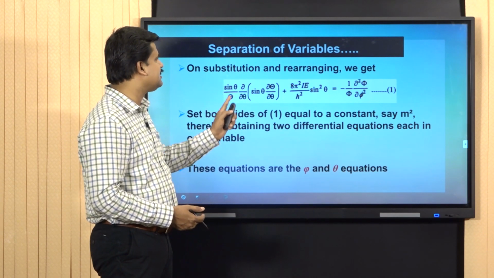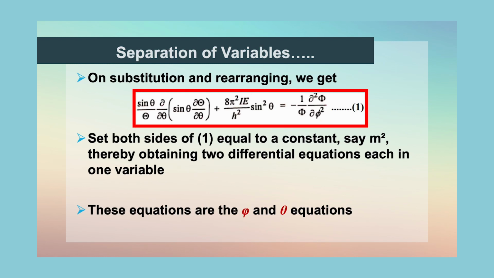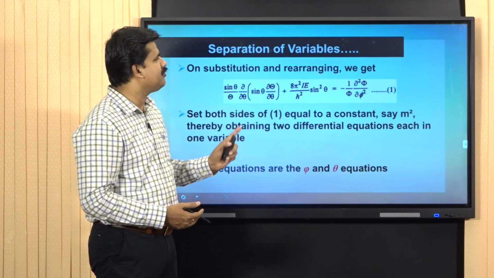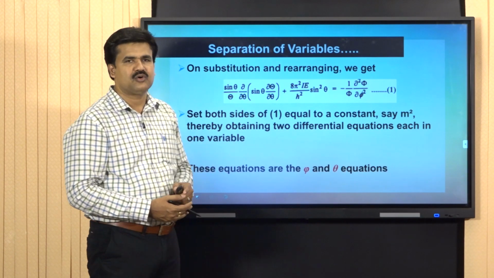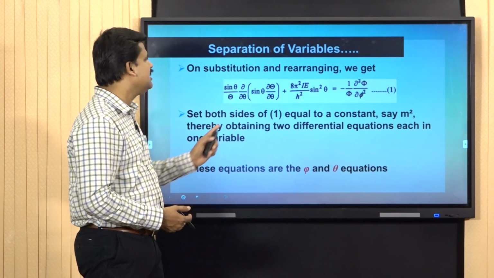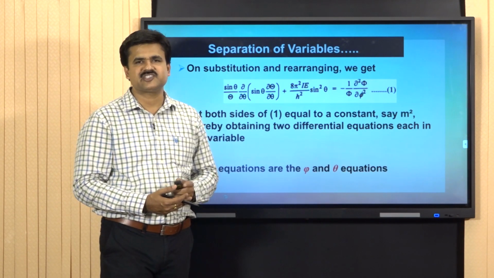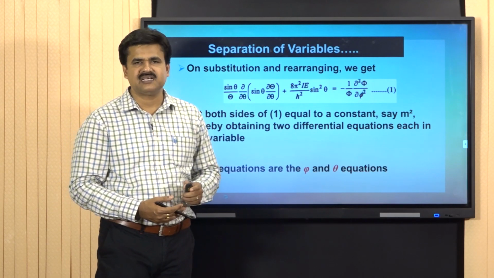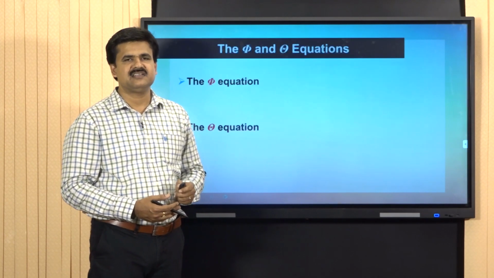sin theta by theta dou by dou theta of sin theta into dou theta by dou theta plus 8 pi square I by h square into sin square theta equal to minus 1 by phi dou square phi by dou phi square. We can equate both sides to m square, thereby obtaining two differential equations, each in one variable. These equations are simply termed the phi equation and the theta equation.